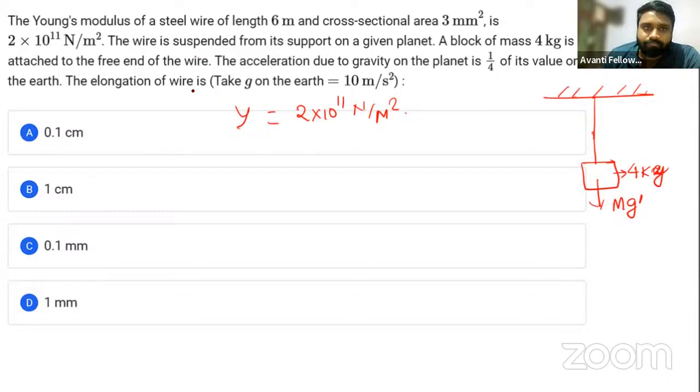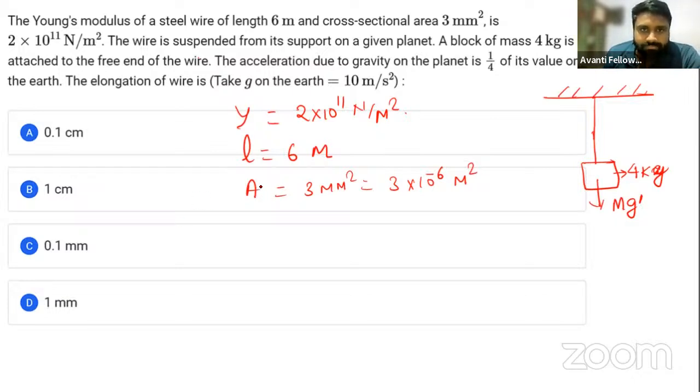Now, the length of the wire is given as 6 meter. Area is given as 3 mm square, which is 3 into 10 raised to the power minus 6 meter square.